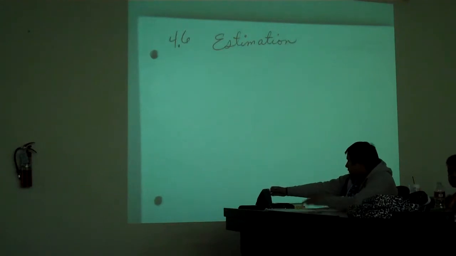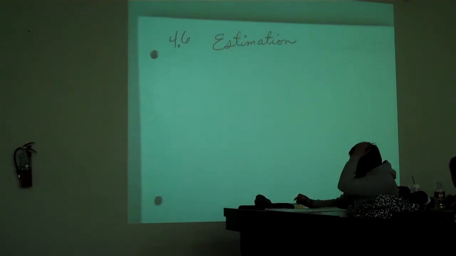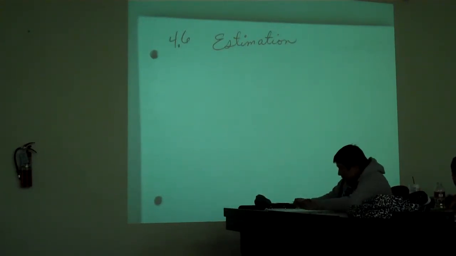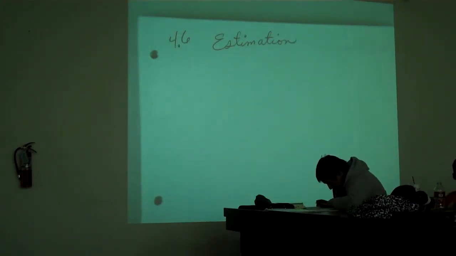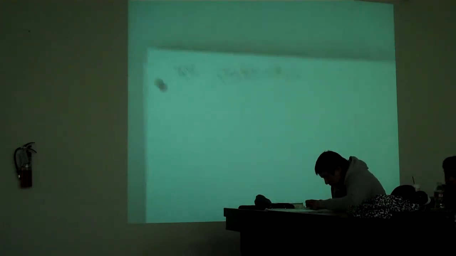When you're grading your papers, as long as you get somewhere close to what the answer is, it's going to be okay. I used to hate estimating because I couldn't get the same answer, but it doesn't have to be the same answer as the book, unless it tells you exactly how to do it. So don't get all fretful if you don't get the exact right answer that they have.